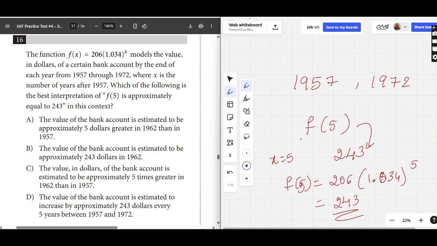The question is which of the following represents f of 5 is approximately equal to. We realize that 5 represents the number of years. After this number of years, this is the amount of dollars that we can see in the bank account. In the given options, the first says the value is approximately $5 greater in 1962 than in 1957.